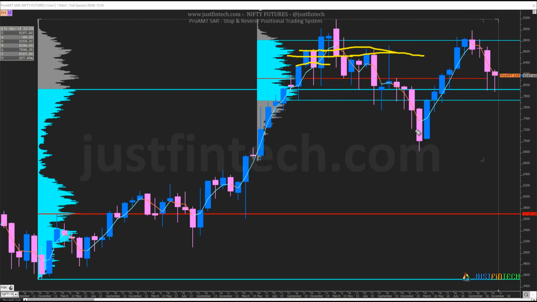Now, after this budget day lows, you have a bullish engulfing bar on the monthly. Obviously, we'll not wait for the monthly to enter the trade, but just to get clear with the background.